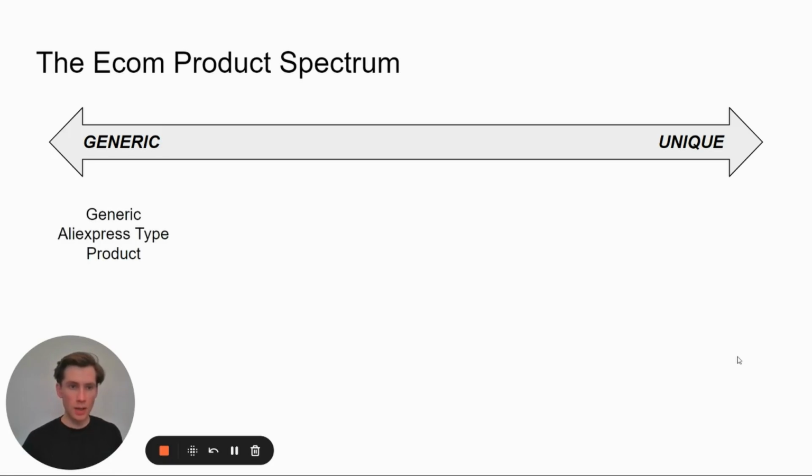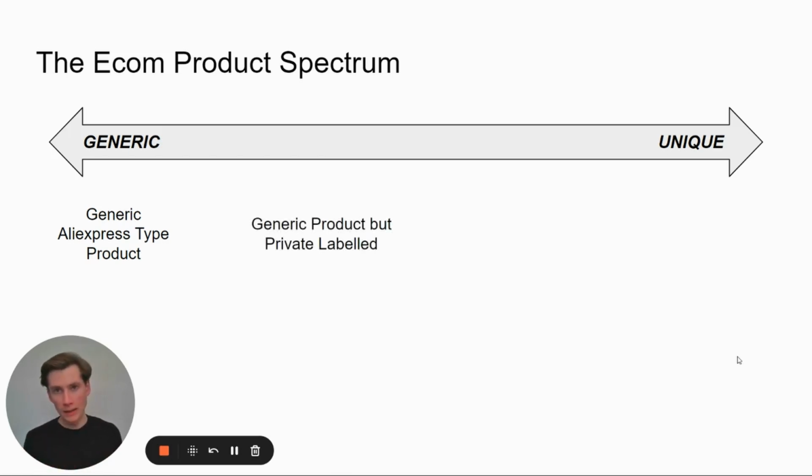The most generic product is the classic AliExpress type product that you can find on AliExpress or Alibaba, a product that is very commoditized, that anyone with an internet connection can find, and where the supplier is willing to sell to anyone. That is very generic in the sense that the barriers to entry are very low, and anyone can join that niche or market with you, and the product in and of itself has no protection, right? There's no copyright protection, no patent protection, no trademark protection. The technology also does not protect it because, once again, it's a generic product.